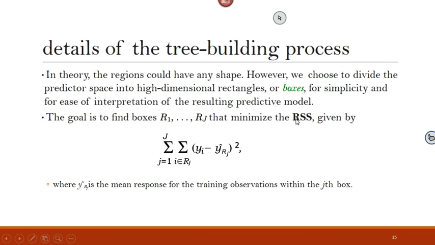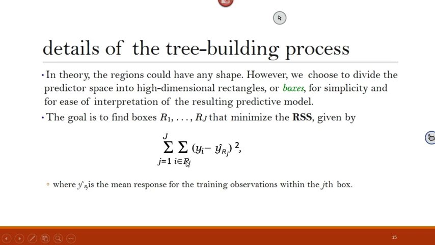Our goal is to minimize the residual sum of squares. So our goal in here is to make J number of regions. That's the total number of regions that we will make. And in each region, our goal is to minimize the error, right? So that's the summation of the true outcome minus your prediction. The y hat is your predicted value, which is going to be the mean of the observations in this region, squared.